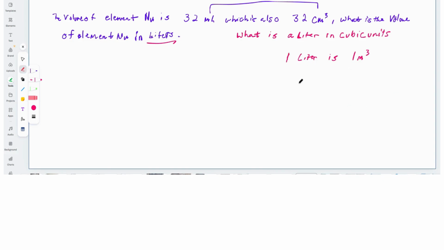Okay, that's what I thought. So then I know that, exactly. If I have 1,000 milliliters, and I know that 1 milliliter is 1 centimeter cubed, then I have 1,000 centimeters cubed, right?